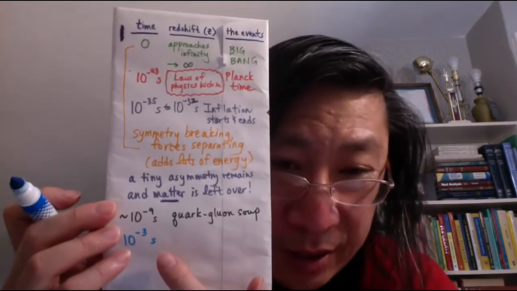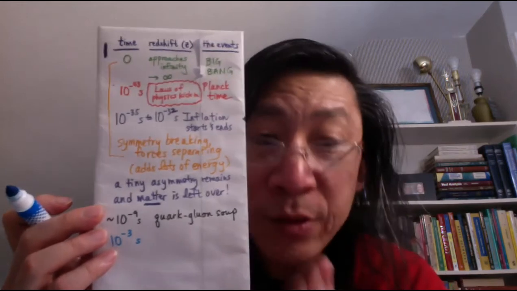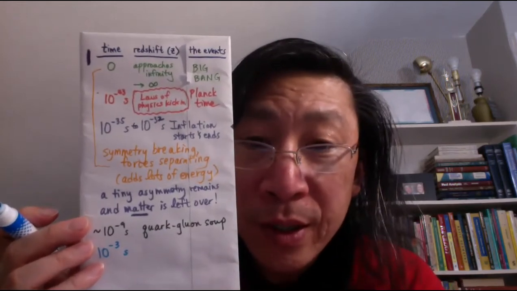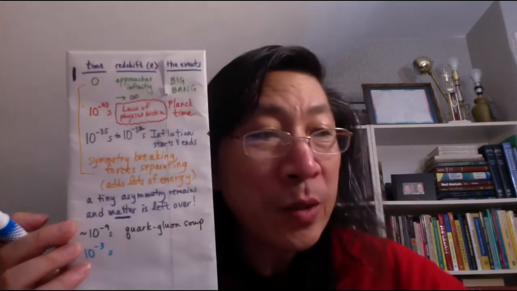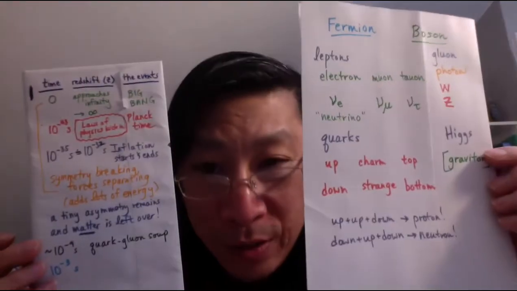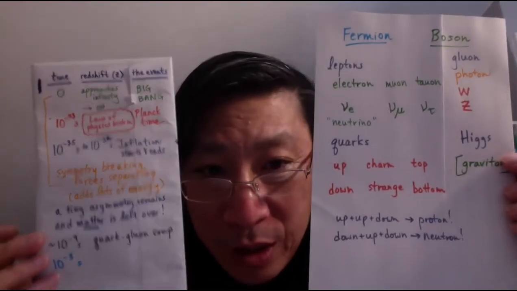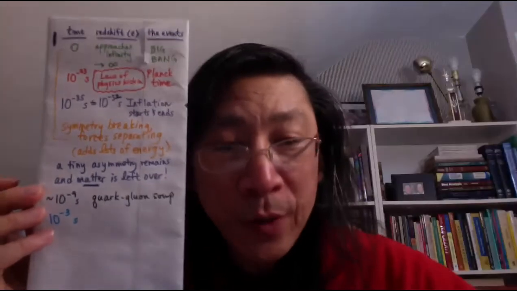All right. At this point, the temperature is down to under a billion degrees. And now we see the standard model appearing, right? Instead of the quark gluon soup, which is the best that matter can do up to that point, the standard model particles start to form.